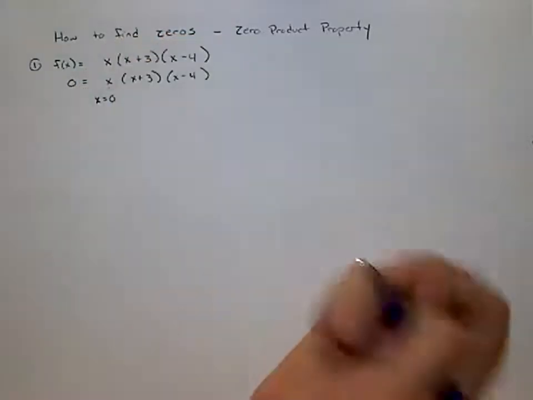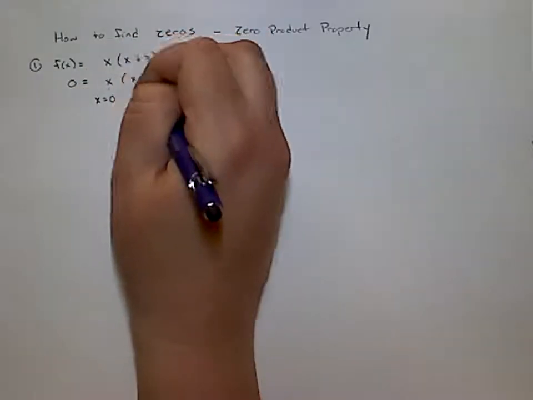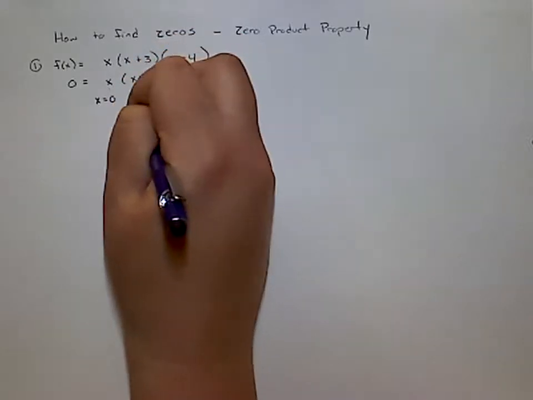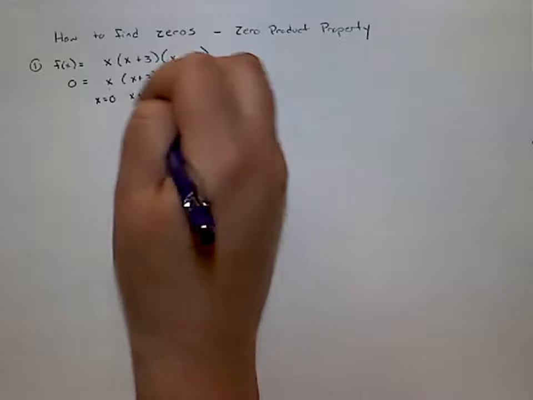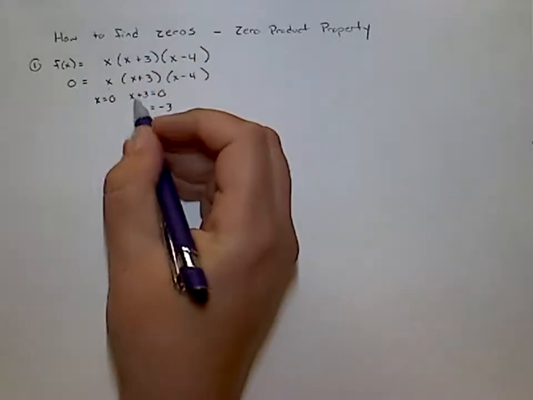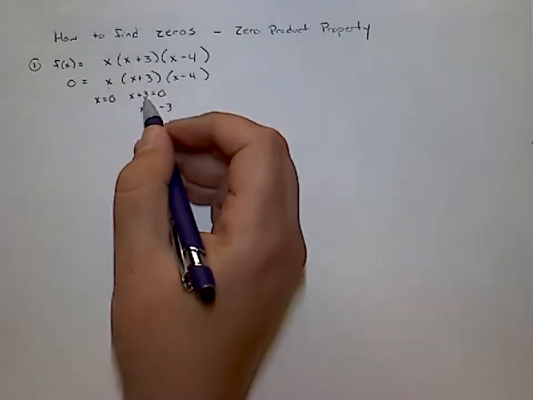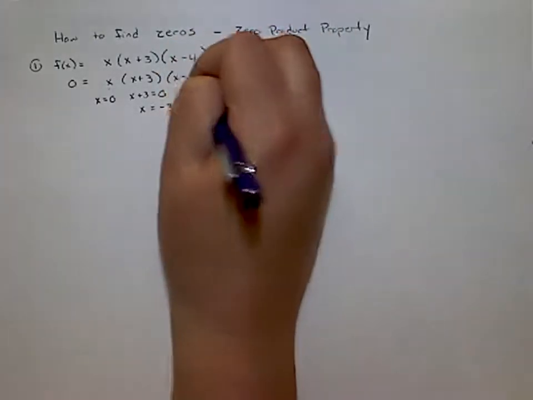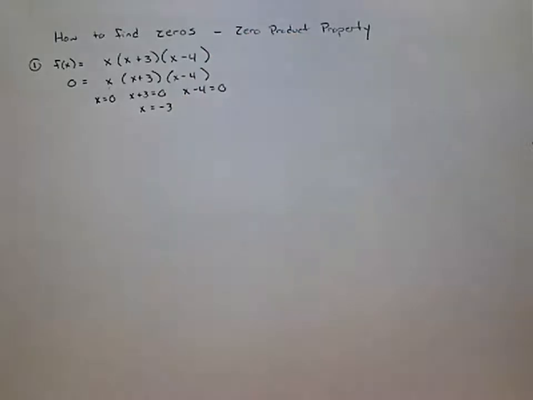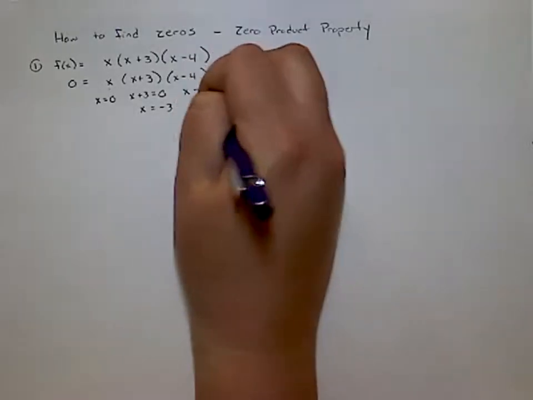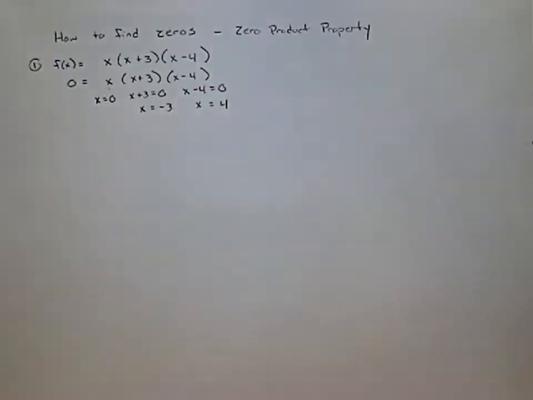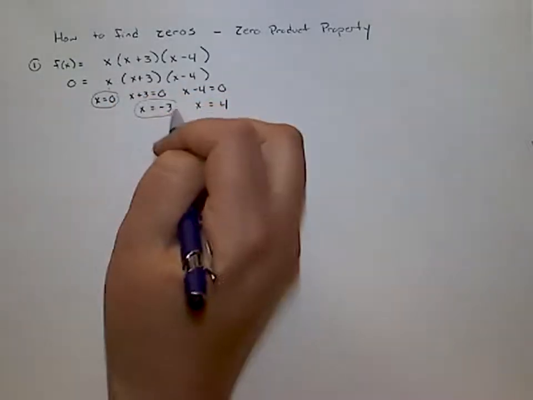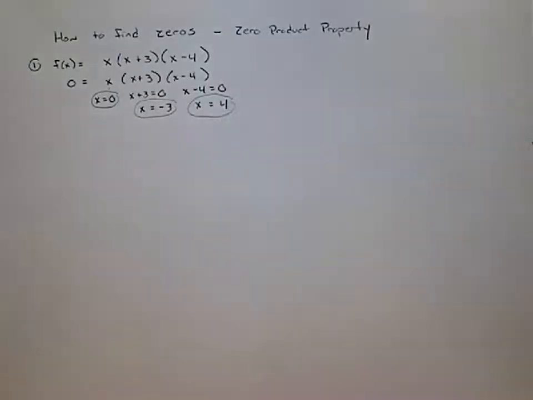Yes, 0. Is there a value of x that makes x plus 3 equal to 0? Negative 3. So by subtracting, we set x plus 3 equal to 0, and we subtract 3 to get negative 3. Is there a value of x that makes x minus 4 equal to 0? Yes, x would equal 4. So we have zeros of 0, negative 3, and 4.